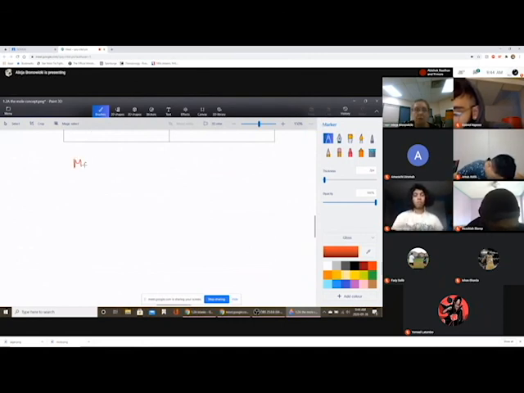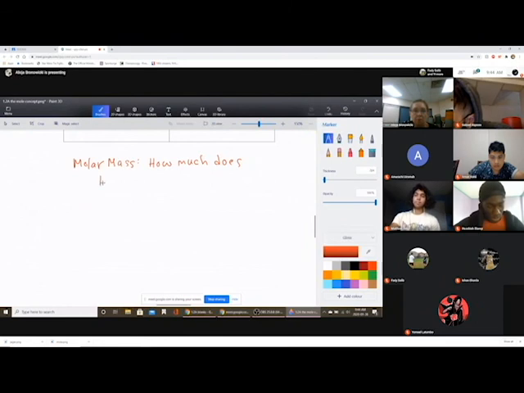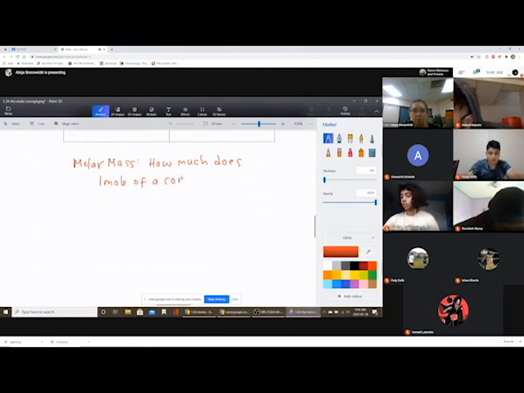So molar mass: how much does 1 mole of a compound weigh?